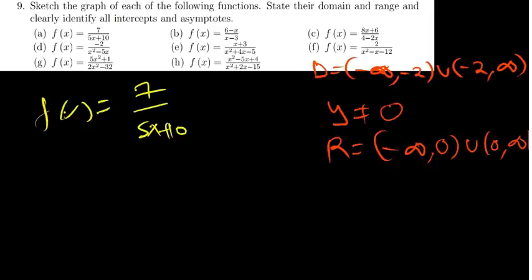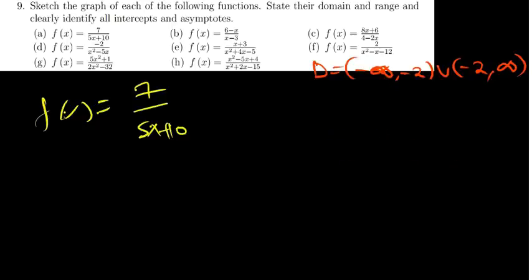If the degree of x on the denominator is higher than the degree of x on the numerator, then y is not equal to 0. At the same time, that 0 is going to be our horizontal asymptote. Now that we have found this, for part A I started with domain and range, and I also have to identify the intercepts and the asymptotes.